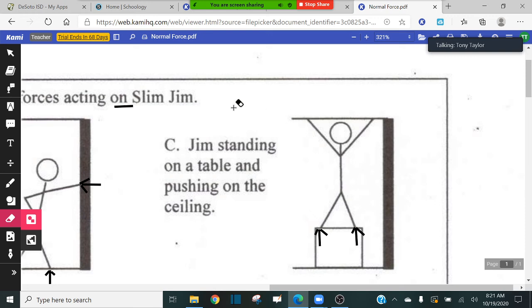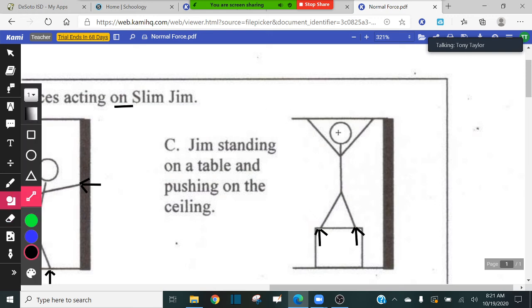Hopefully this should be obvious. If Jim is pushing up on the ceiling, according to Newton's third law, the ceiling must be pushing down on him. So if we're concerned with the forces acting on Jim, there's a normal force acting like this on Jim. And there's also a normal force acting right here on Jim, because the normal force represents all of the surfaces of contact. Okay, everybody got that?